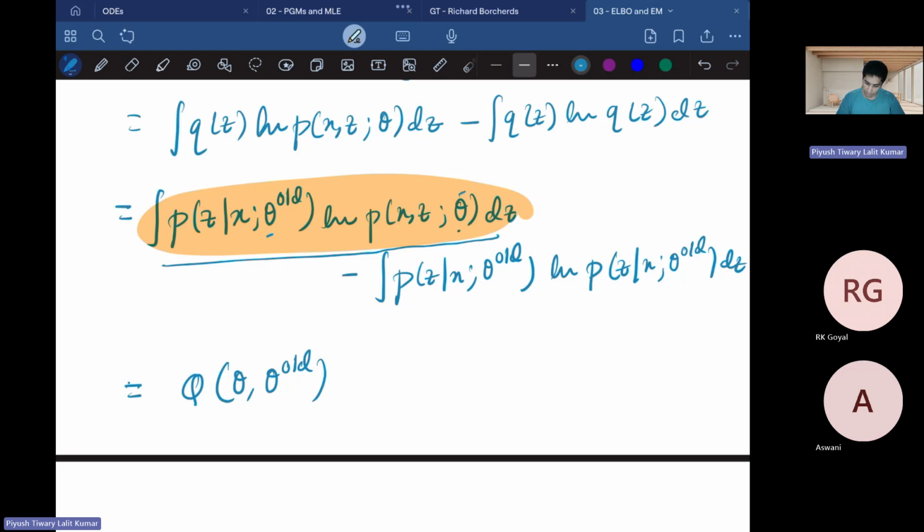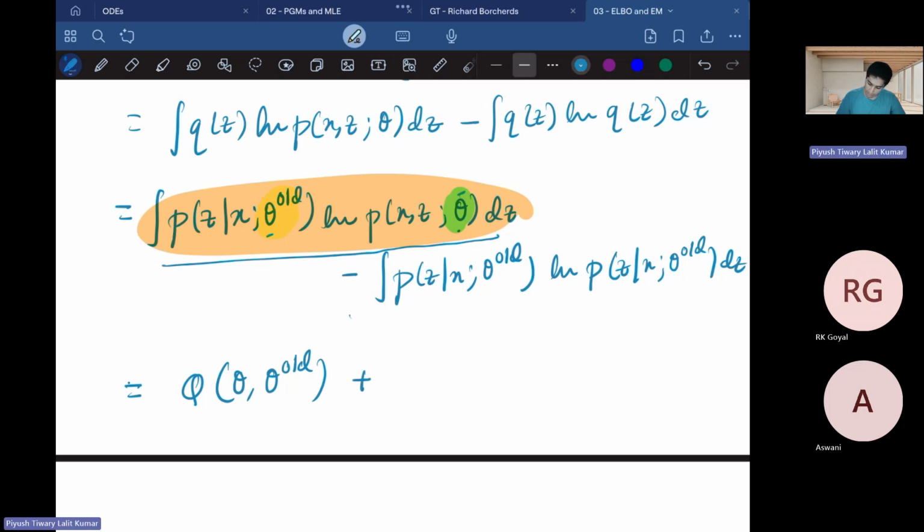And there is another theta, this theta, which you can still optimize on. Just note very explicitly that there are two thetas here: one is theta old and another is this theta. So this Q function is a function of both theta and theta old.